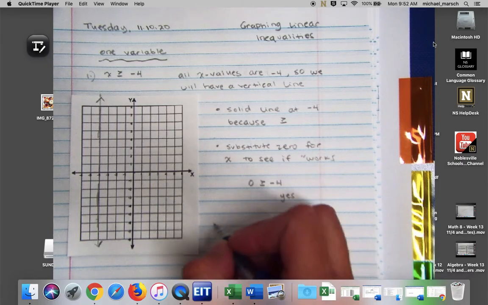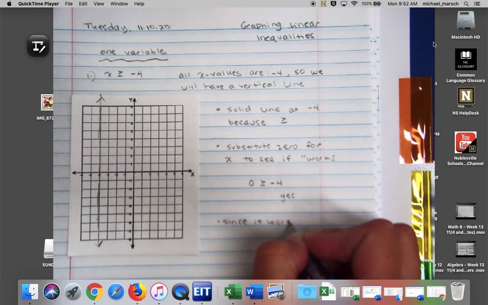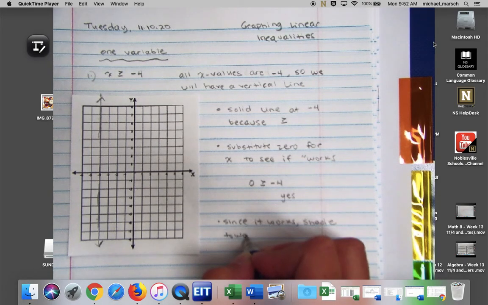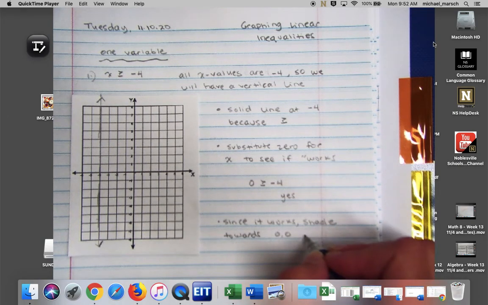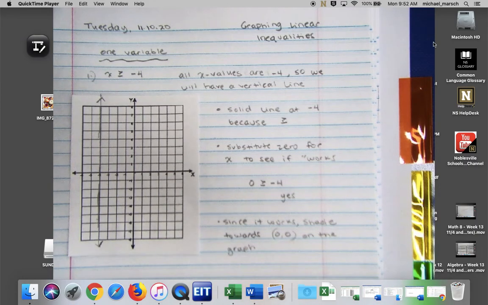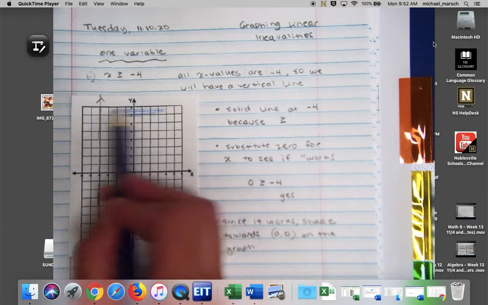So since it works, we're going to shade towards (0, 0) on the graph. Okay, so here's where my blue pencil comes in. And I'm just going to shade all of this part of the graph.